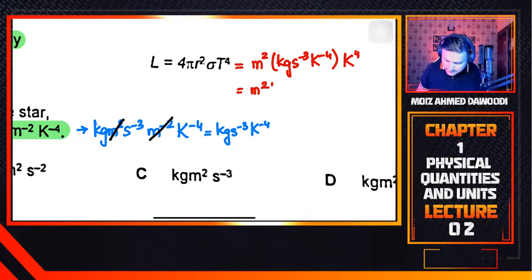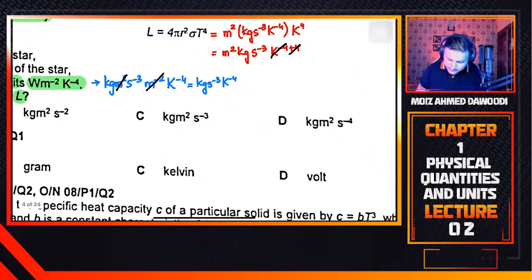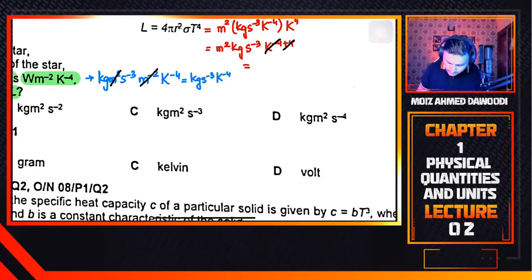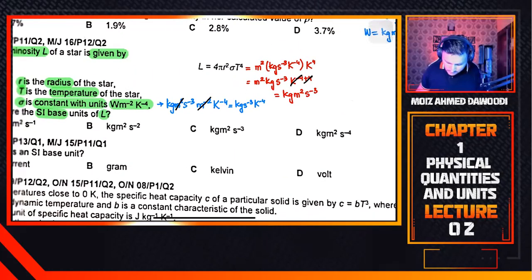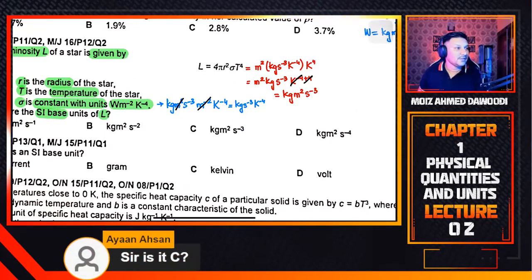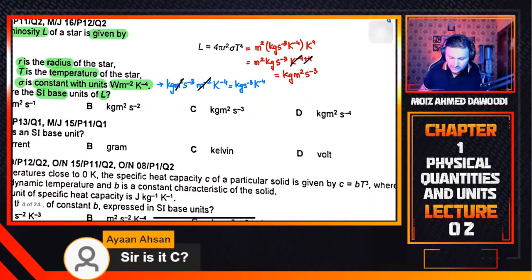Meter squared, kg s^-3, K^-4 plus 4. Let's cancel it out. So we are left with kg m^2 s^-3.